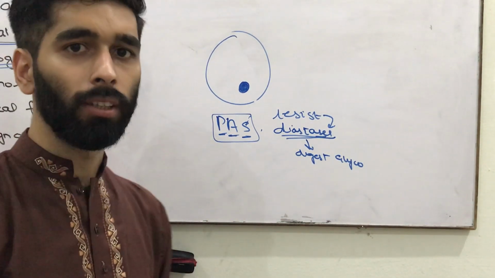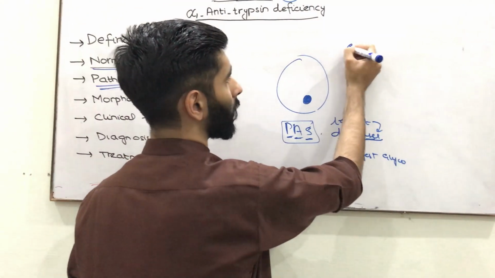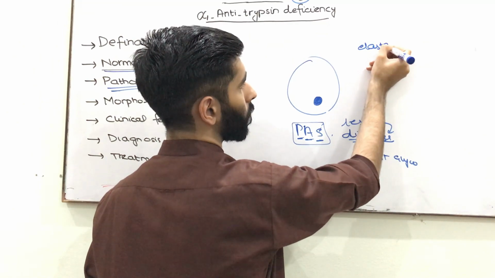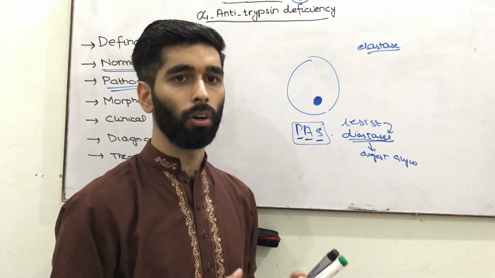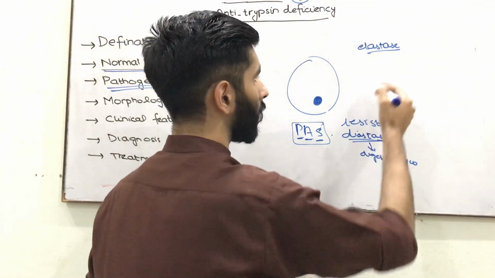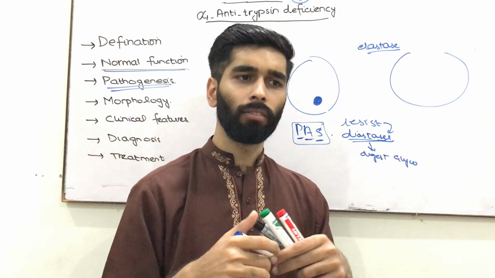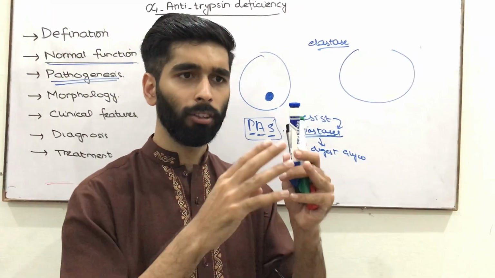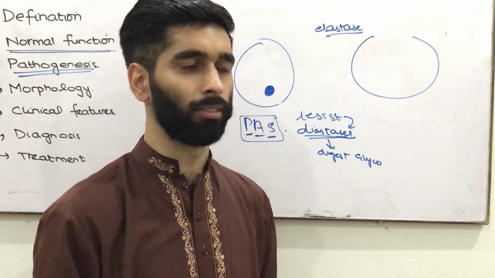What will we find in the lungs? In the lungs, as I already mentioned, elastase activity will continue and it will destroy the elastin present in the alveolar wall, leading to destruction of the alveolar wall and formation of large alveolar spaces. As the alveolar wall is destroyed, the space of the acinus is increased.